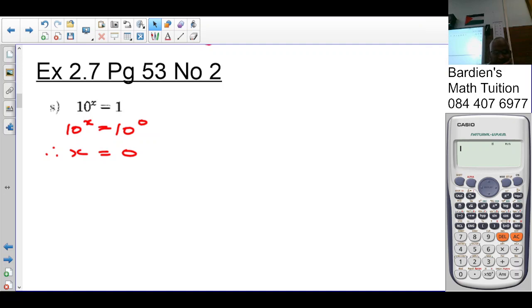For homework, I would like you guys to do exercise 2.7, second and third column. So you try number 3 as well.